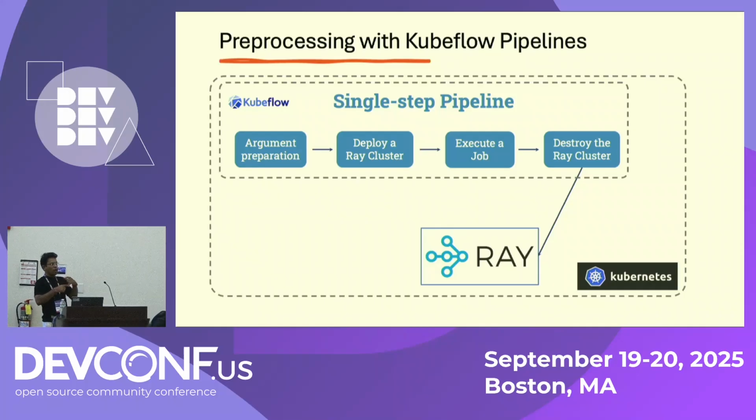And then the job is executed by those Ray actors, utilizing the Kubernetes way of scaling and job management. Once the job is done, the Kubeflow management operator stops the job, stops the Ray cluster, and frees up the resources.